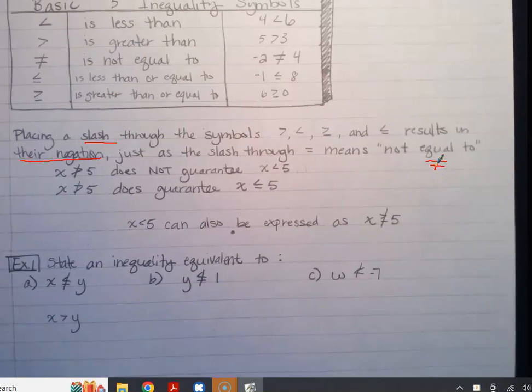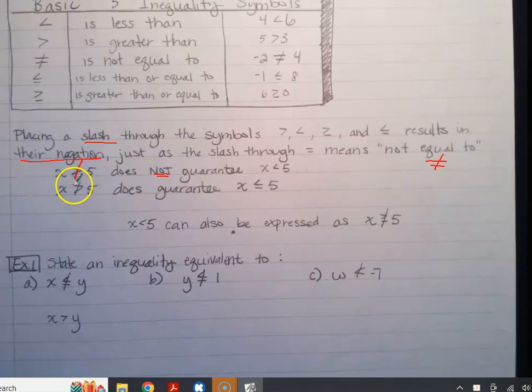Okay, this is a little tricky because we had x is greater than 5. If we put the slash through that, so x is not greater than 5, that does not guarantee that x is less than 5. Why not? It could mean that it's equal to 5. Yes. So x is not greater than 5 does guarantee that x is less than or equal to 5.